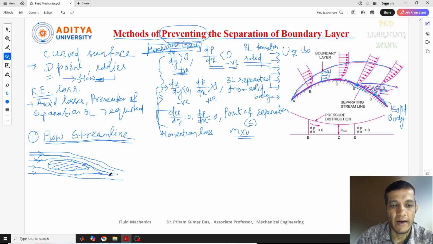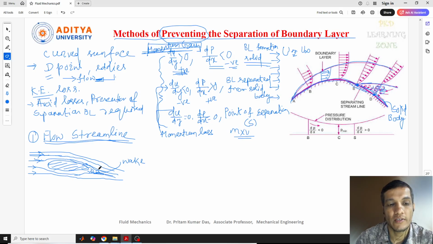And at the end of this point you can see some wake formations. This wake formation actually makes more eddies, and that is the disturbance in the fluid flow.